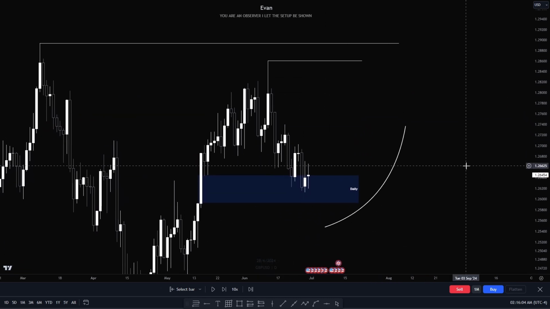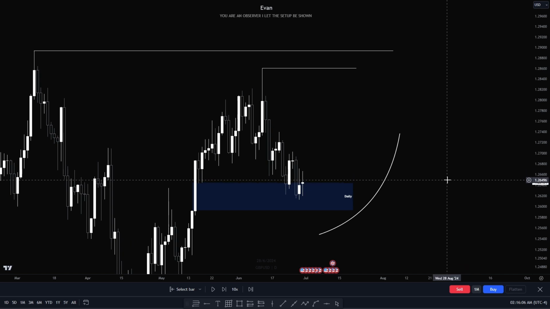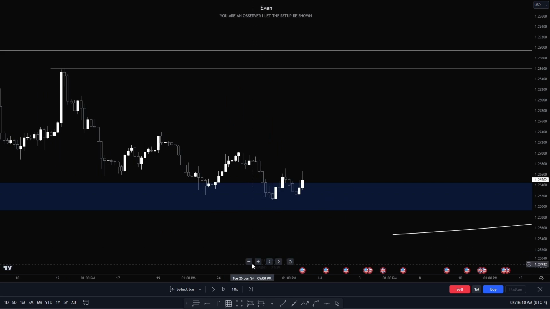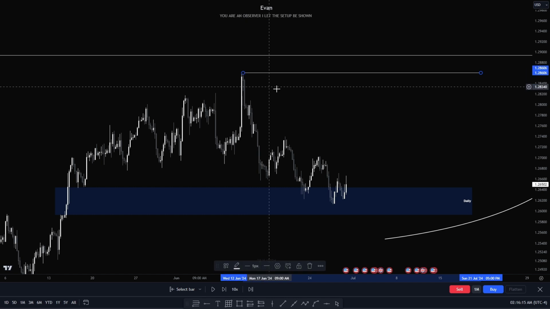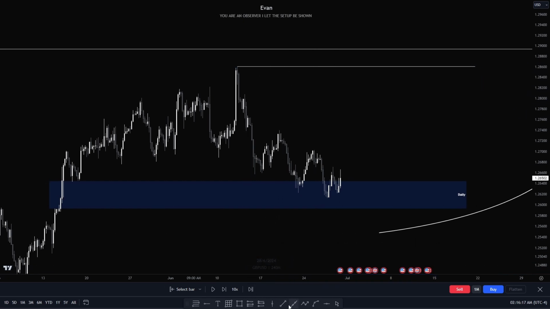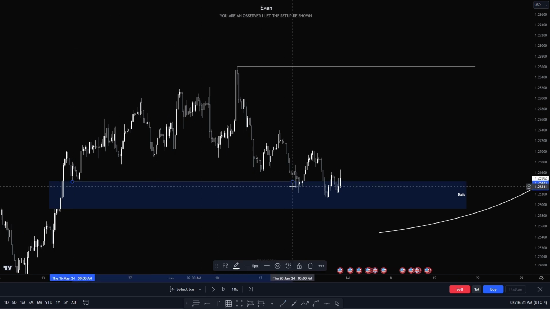So now we have our bias, zooming into the 4 hour. We're just basically looking to see what else we can see to validate our bias. So as we can see to the left of us, in this daily we've swept sell side.